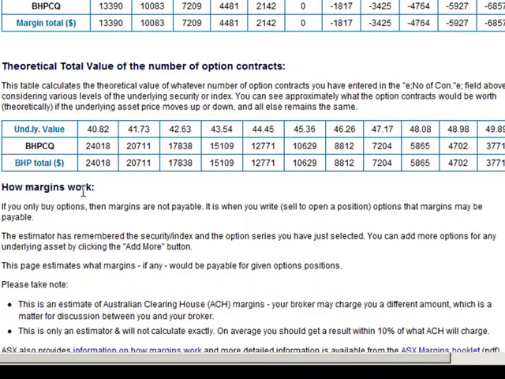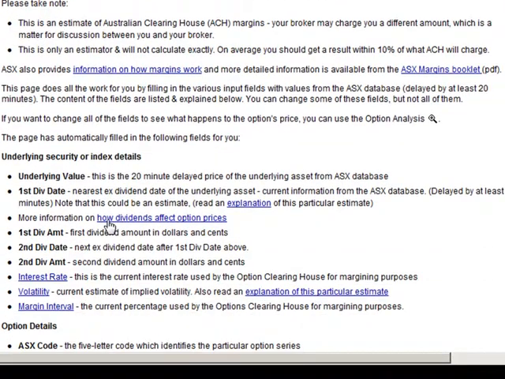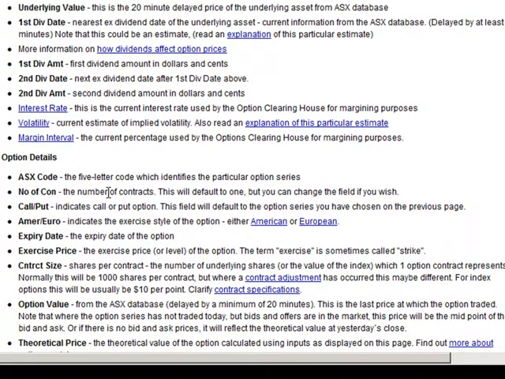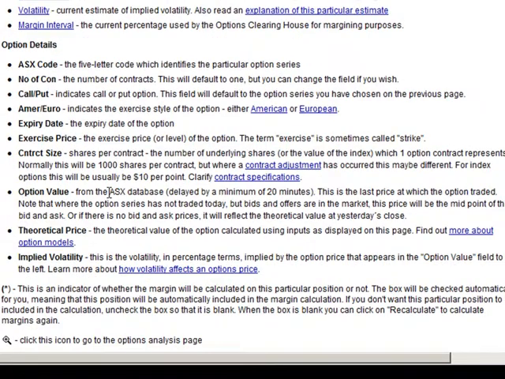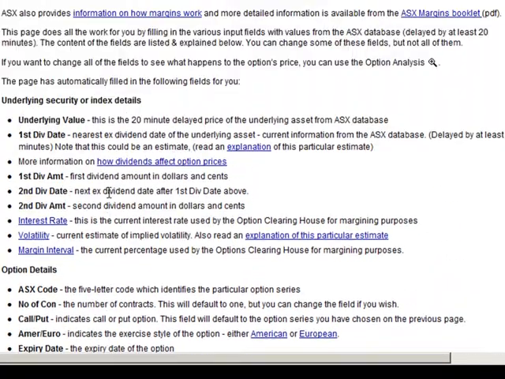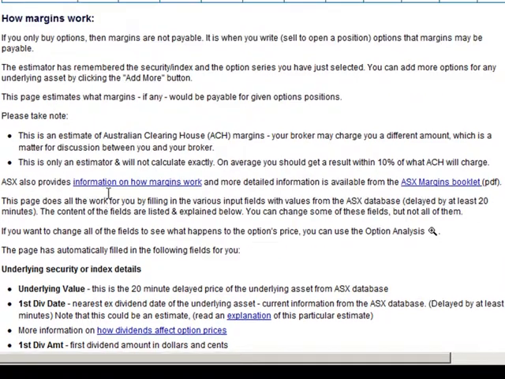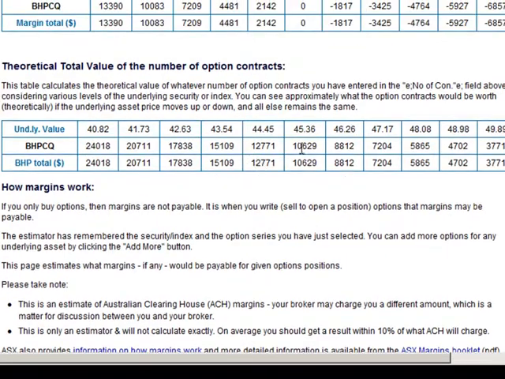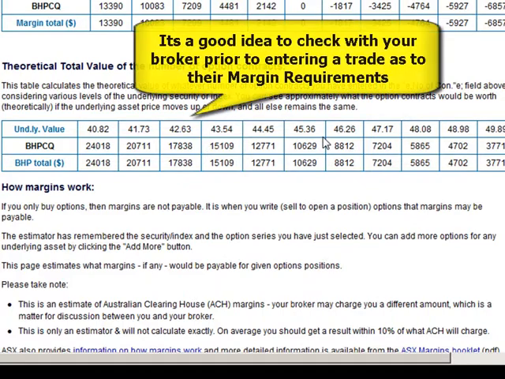If you read more about how margins work, it will give you a bit more of an idea as to how the ACH uses things and how it calculates the margin. But this is a great little tool to use just to get an idea, just to make sure you've got that money there so you can satisfy the ACH requirements and that of your broker. But like I said, your broker may require more. Sometimes some brokers require the full amount to make sure you can pay for those shares if you have to.